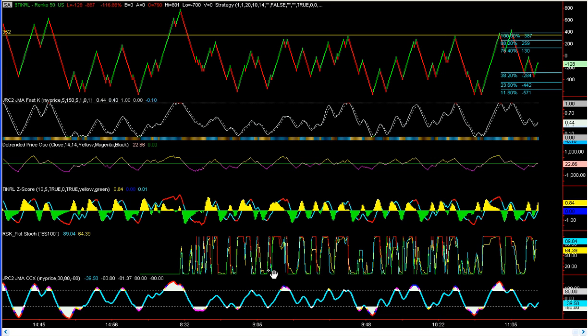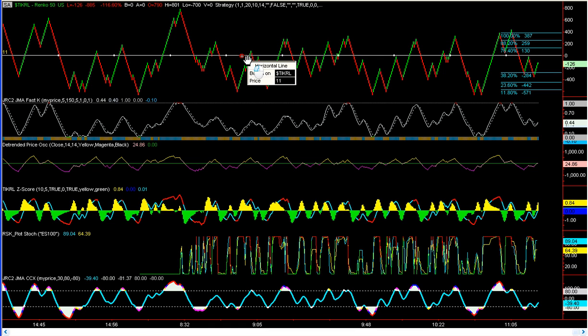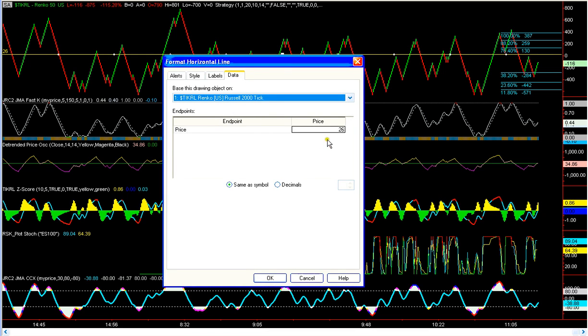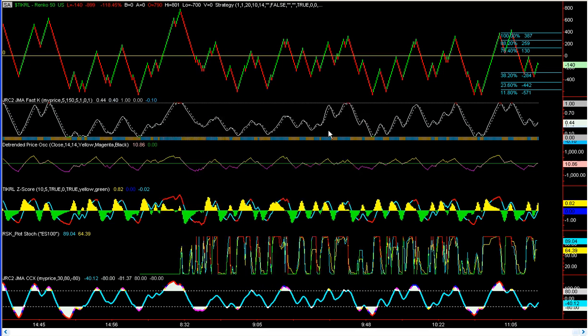So it's not too difficult to pick out opportunities for trading. We do watch a zero line on the tick of the Russell. And you can see why.